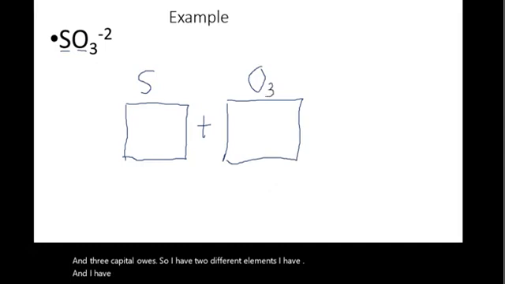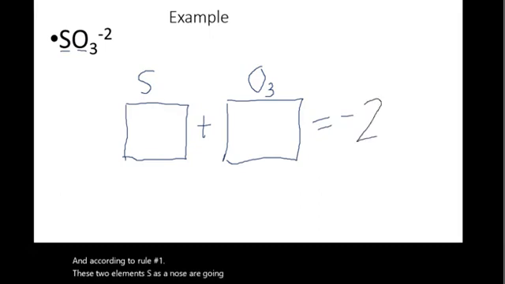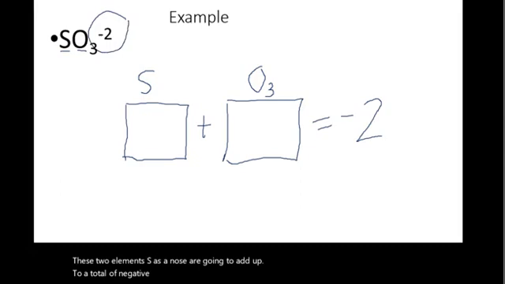And according to rule number 1, these 2 elements, S's and O's, are going to add up to a total of -2, because the rule says the sum of the elements in a polyatomic ion equal its charge.